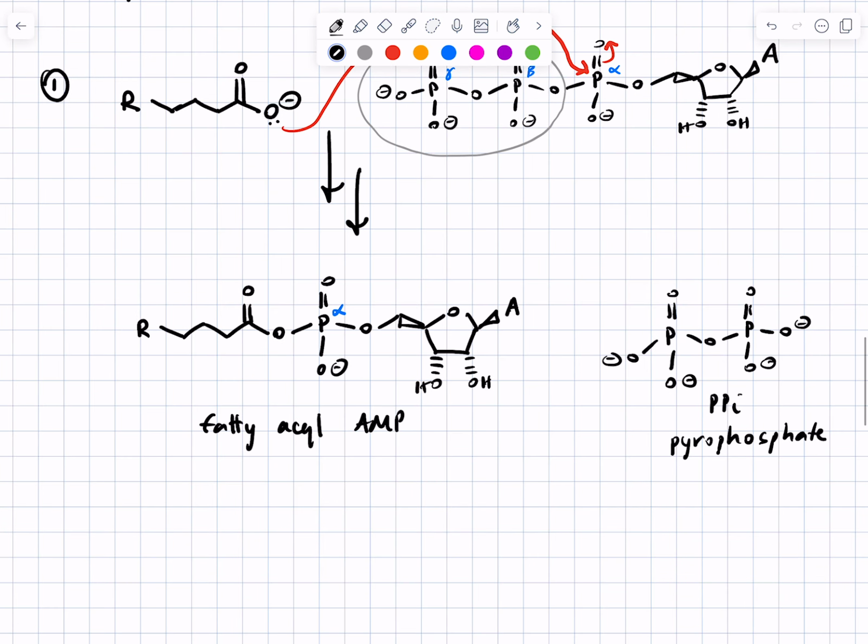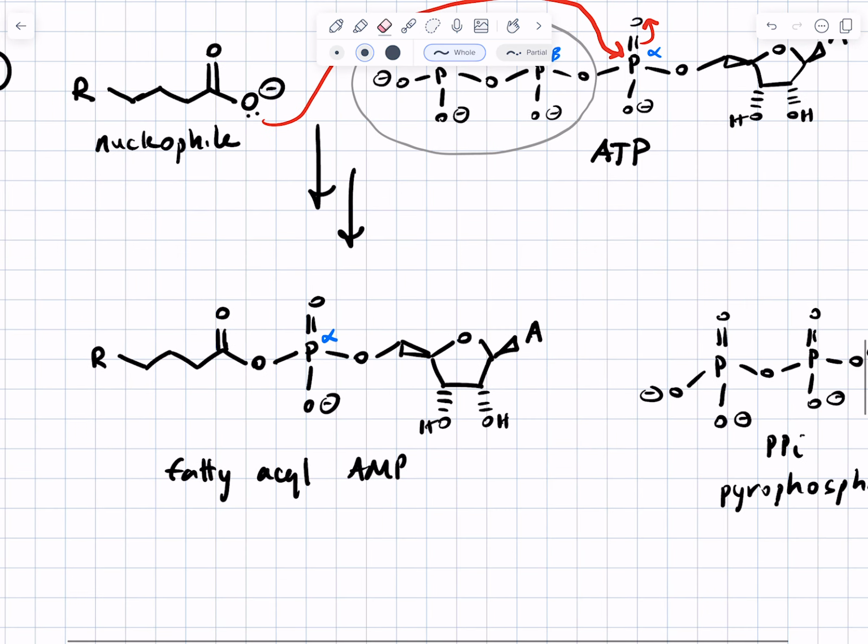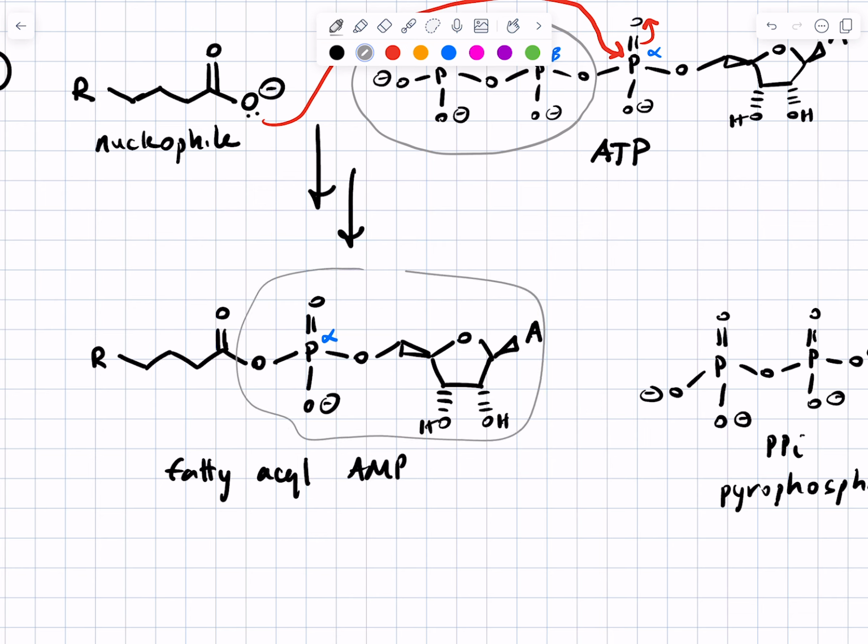And you can see the difference. We went from something that used to be a nucleophile, and then we used ATP. And now, instead of being a nucleophile, you've got the carboxylic acid attached to something that could conceivably be a leaving group.